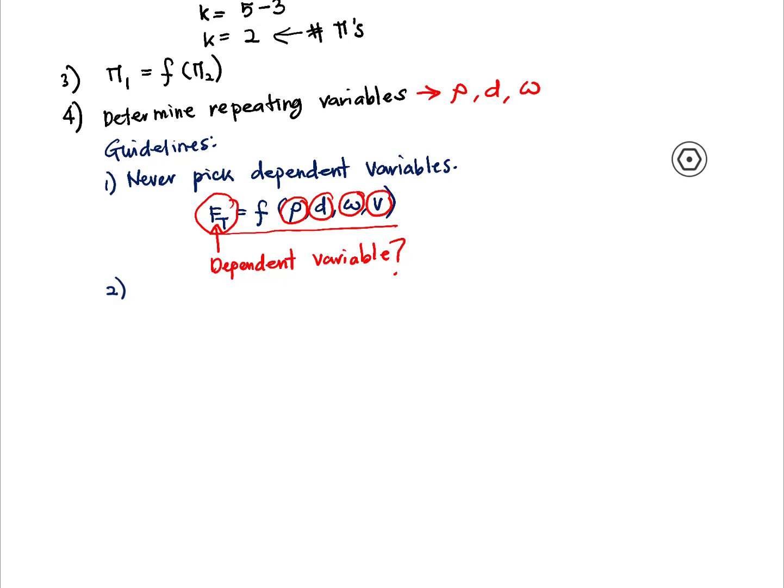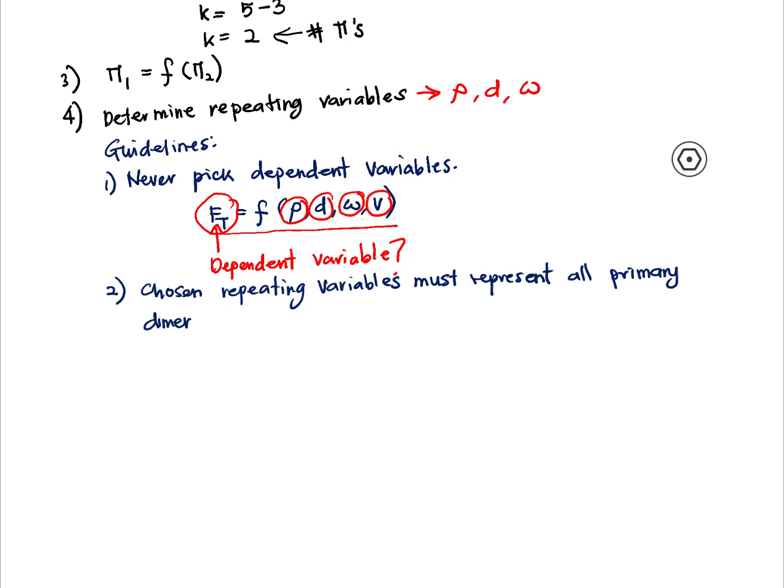Next, chosen repeating variables must represent all the primary dimensions.